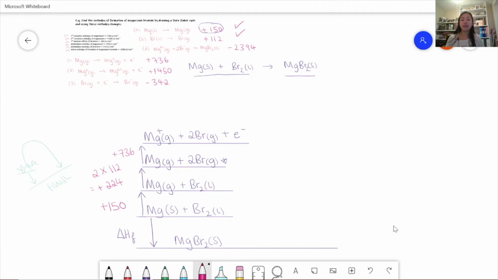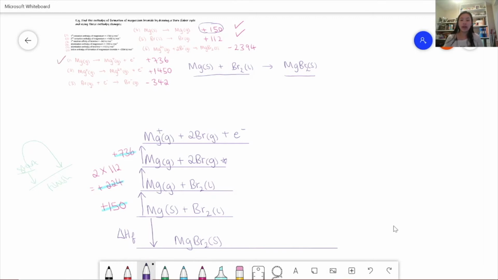As well as writing the numbers, because you're also doing calculations sometimes, like I've done with 2 times 112, it's nice to just highlight them as well, so you know which numbers you're actually wanting to read off. So that makes it slightly easier to see. And then the next thing I'll do is the second ionization energy of magnesium.